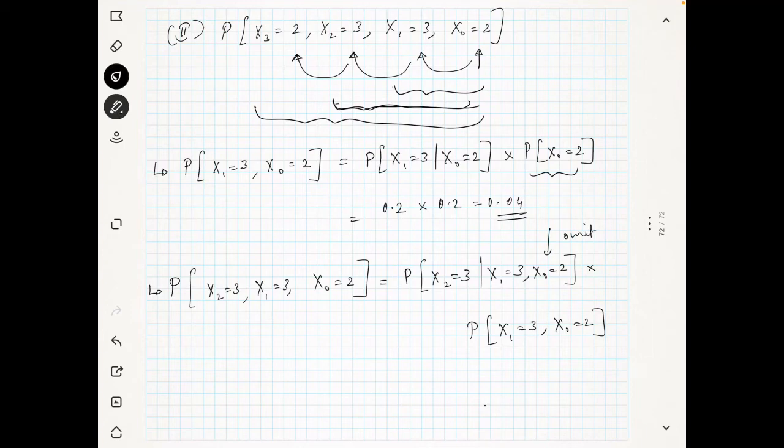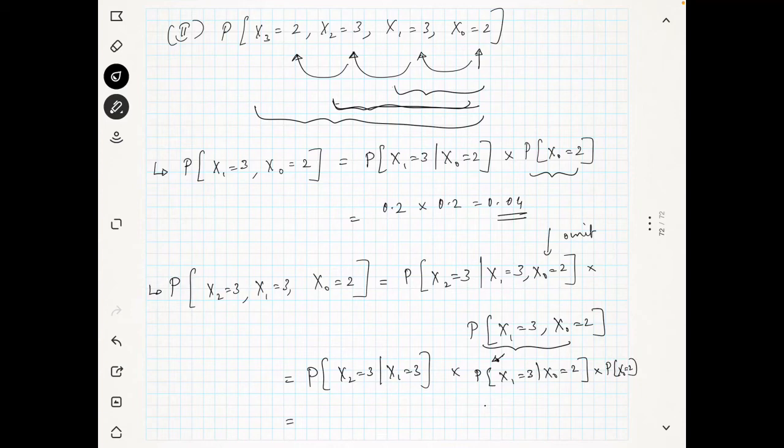It can be omitted because in a Markov process, time step 2 will depend only on time step 1. So this is nothing but the probability that x2 is equal to 3 given x1 is equal to 3, multiplied with, I am going to split this again, the probability that x1 is equal to 3 given x0 is equal to 2, multiplied with the probability that x0 is equal to 2.